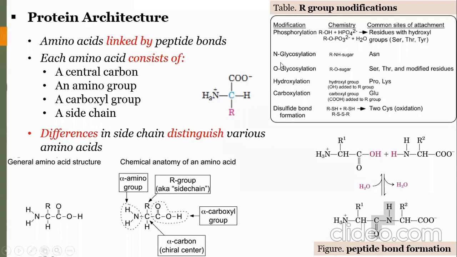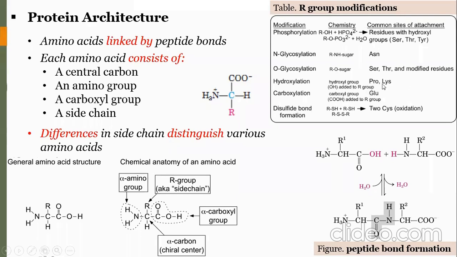That will be N-glycosylation, and asparagine is the golden example for that. O-glycosylation is when sugar is added to the hydroxyl group, the O, and it normally occurs in serine, threonine, and some modified residues.